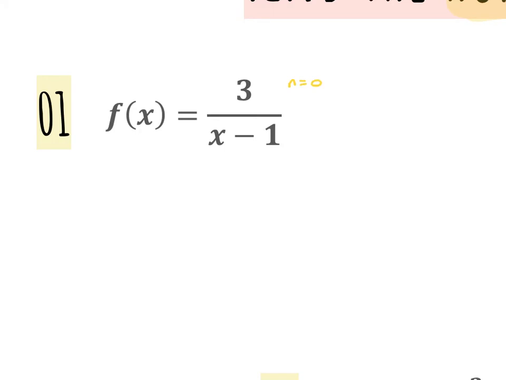What's the highest exponent in the denominator? 1. So the m is 1. What's the relationship there? So n is less than m. Good, right? Go back to your little note you just wrote down. And what happens when n is less than m? It's y equals 0. So eventually we're going to put that on a graph. For right now, we're just identifying it.